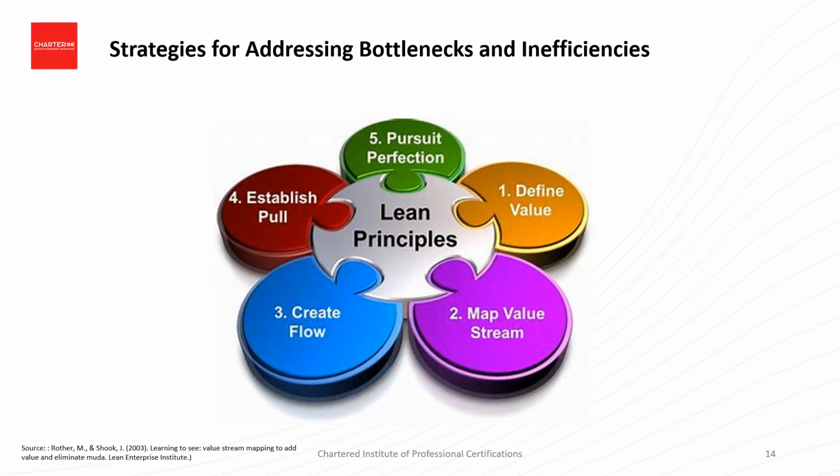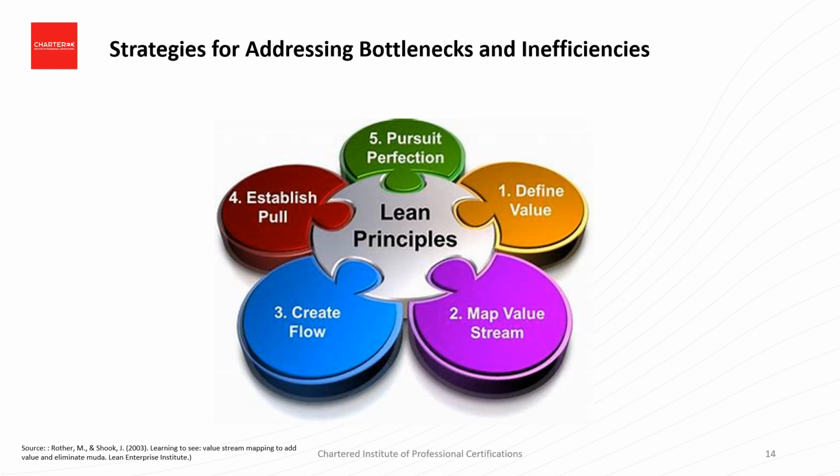This includes overproduction, waiting time, unnecessary transportation, overprocessing, excess inventory, unnecessary motion, and defects, otherwise known as the acronym TIMWOOD. By identifying and eliminating these wastes, companies can reduce costs and improve efficiency.